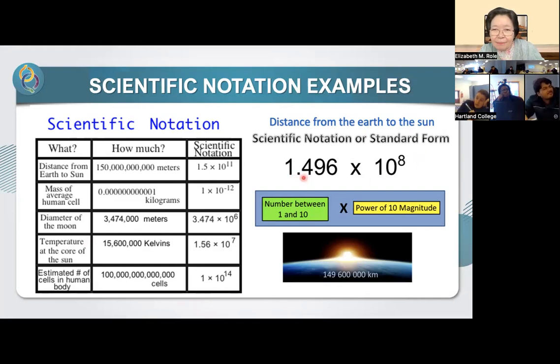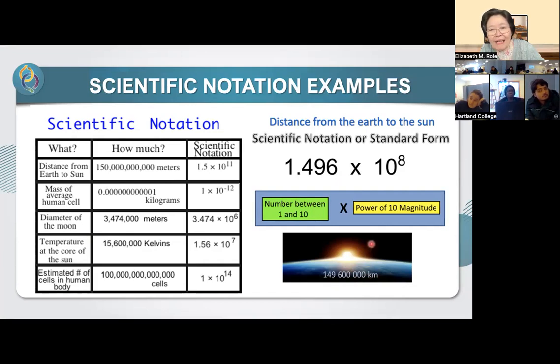Like this is 1, 2, 3. So how many zeros will you add? 5. All right, 5 zeros because you are moving. So say 1, 1, 2, 3. That's 10 to the 8. So you need 5 more to have a 10 to the 8. So it will now be 1, 4, 9, 6. Add 5 zeros so that you'll have 8. 1, 2, 3, 4, 5, 6, 7, 8 numbers after the 1.